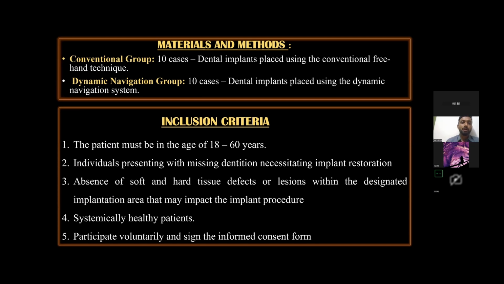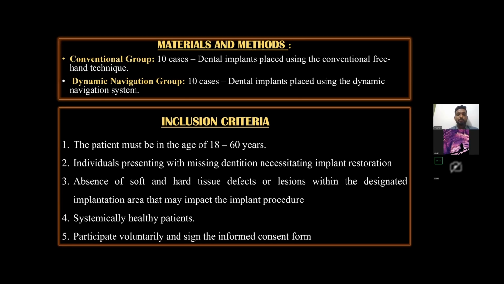In total, 10 implants will be placed using the conventional freehand technique, and 10 implants will be placed using the dynamic navigation system. For the inclusion criteria, the patient's age must be 18 to 60 years.